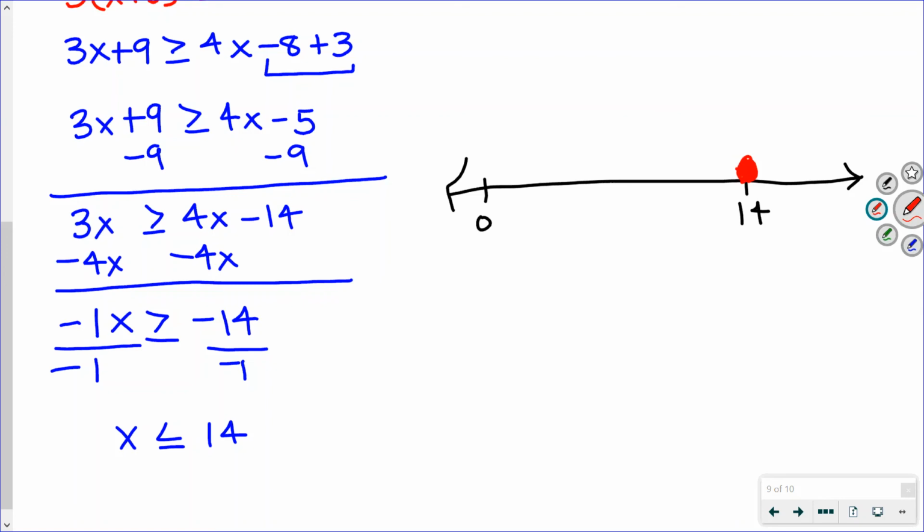And less is everything to the left side. Now, if I was to write this as an interval, because the left goes off to negative infinity, we would write the interval as negative infinity up to 14. And this time with 14, we're going to put a bracket because it's got that closed circle.